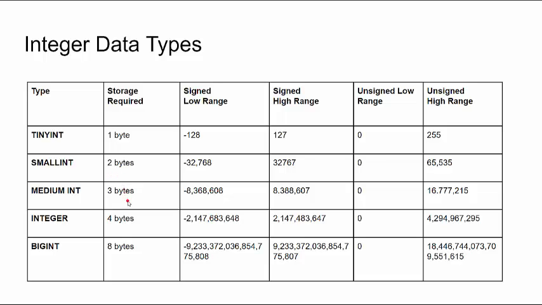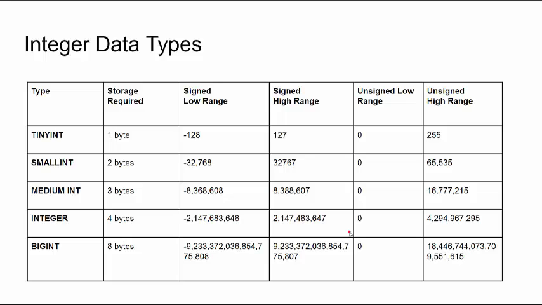Medium int, which takes up 3 bytes. Integer, which you'll also see abbreviated as int, that can take from minus 2 billion to positive 2 billion if you're doing signed numbers. Unsigned, you can go from 0 to 4 billion. And then there's big int. And these are just some of the options you have here.